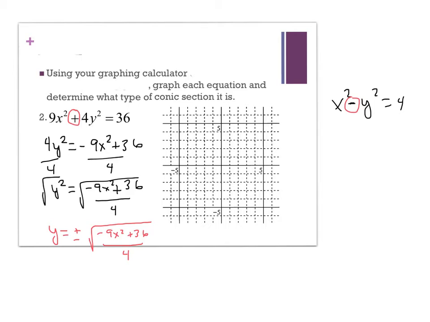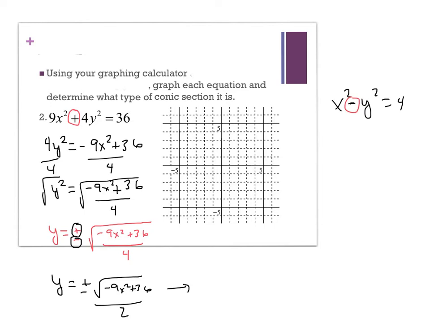And don't forget, when we use our calculator, we have to have two separate equations listed in our calculator, one with the plus and one without, or one with the minus and one without. To simplify this, I know that the square root's going to everything, so I could make life easy and just take the square root of negative 9x squared plus 36, all divided by 2, with a plus or minus.